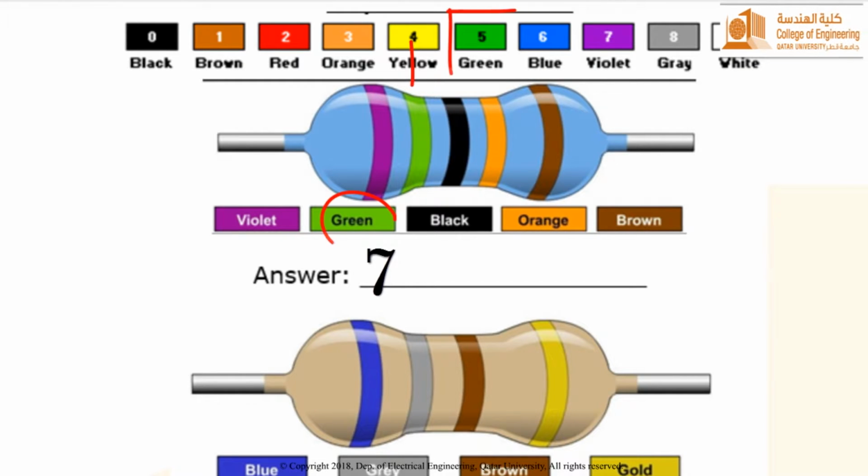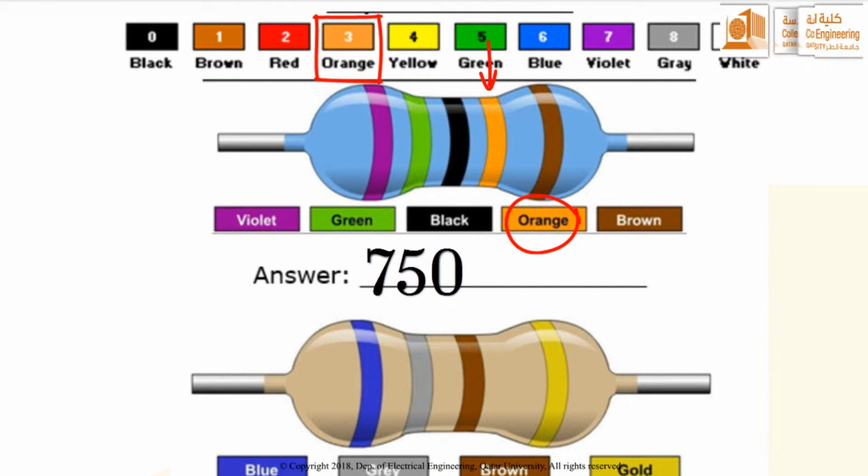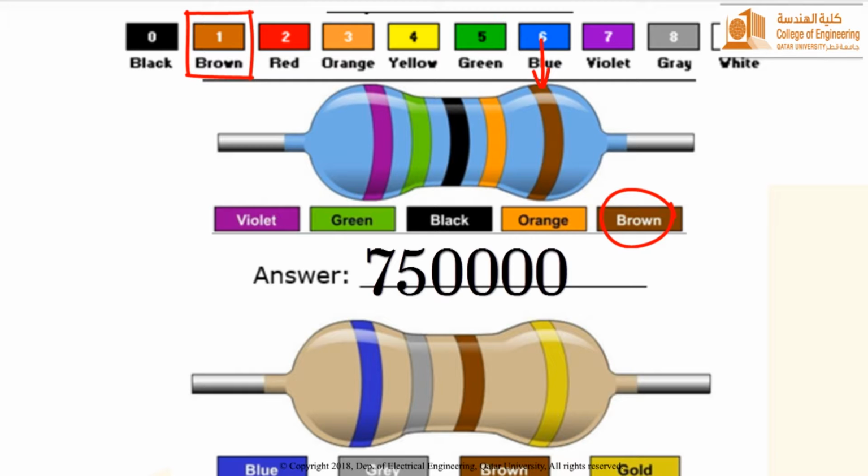The next color is green, so it is 5. The third color is black, so it is 0. The second last would be the multiplier. It's orange, so that means there should be 3 zeros. The last one is brown, which is the tolerance, and which would be plus minus 1%.